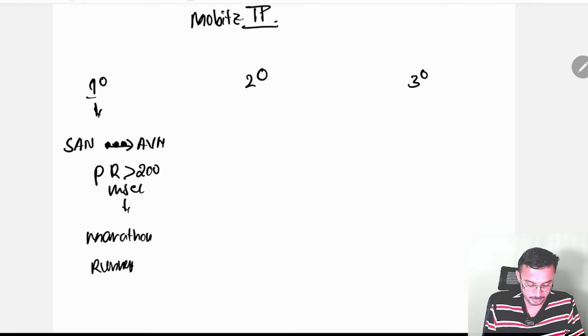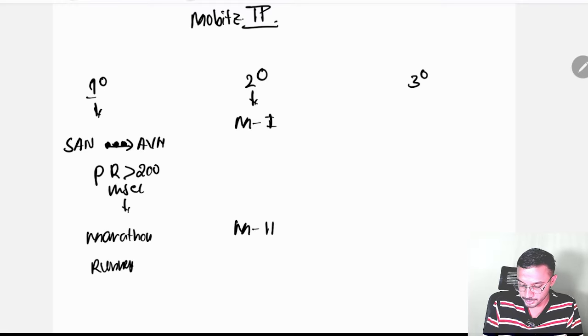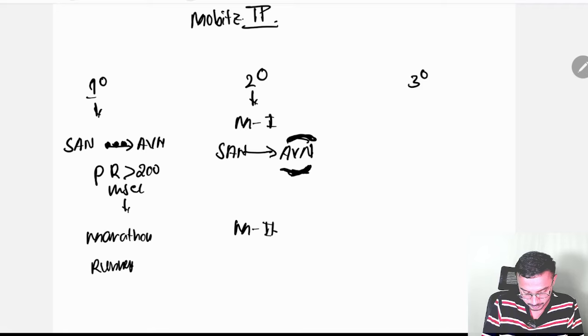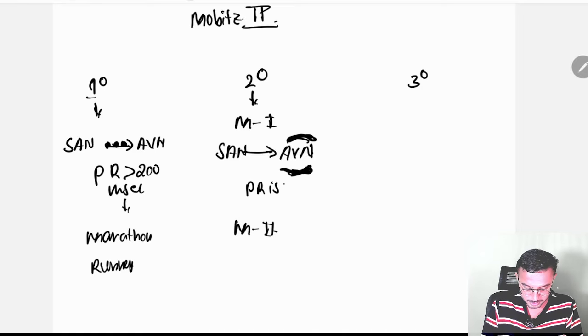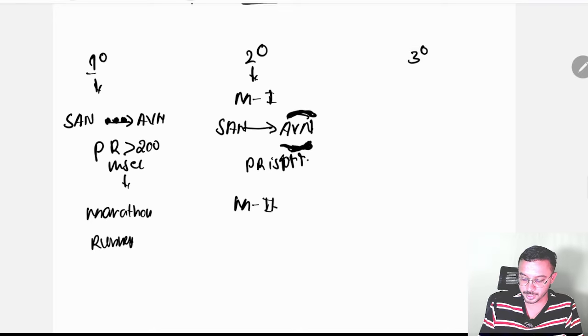Okay. And in second degree heart block, there are two types, Mobitz 1 and Mobitz 2. So what happens here is, this is the SA node and here the AV node. The problem is across the AV node. So this is the reason why your PR interval is not the same. PR is increased and a missed beat is also present over here.